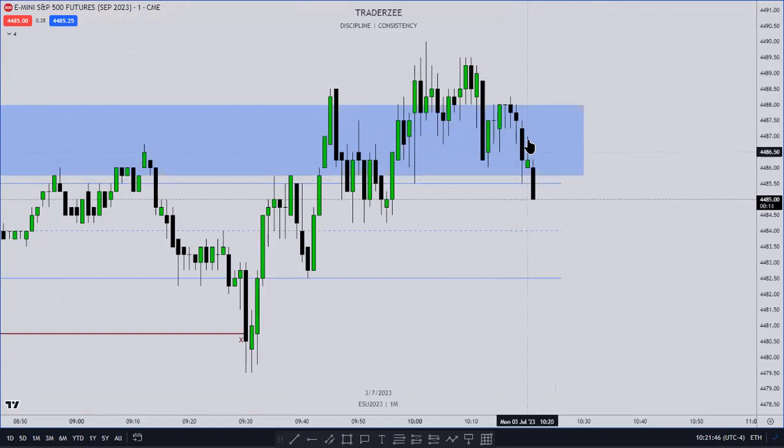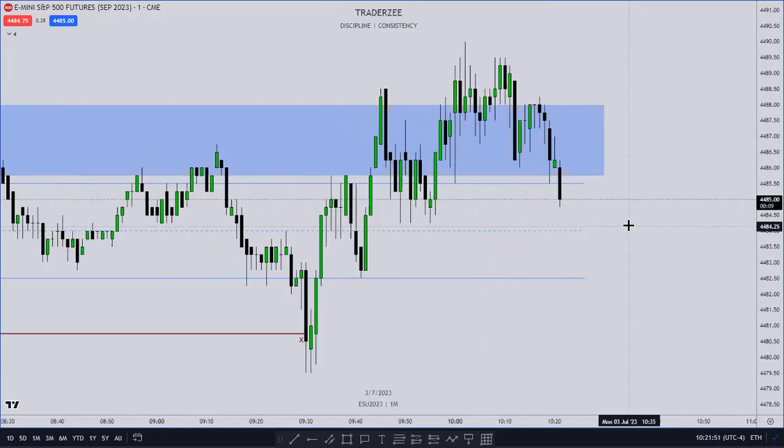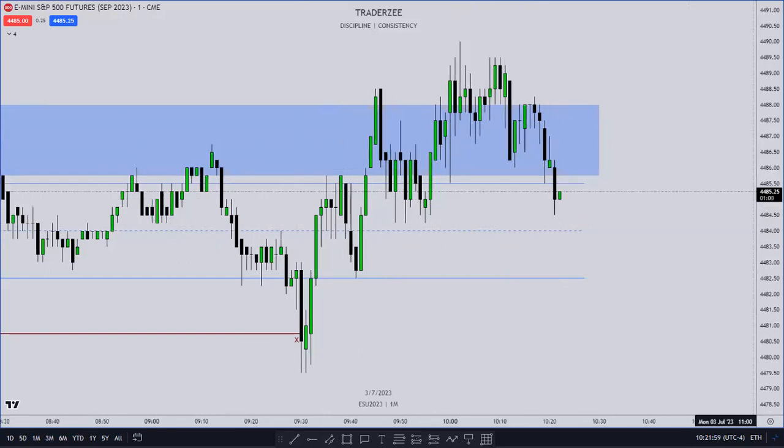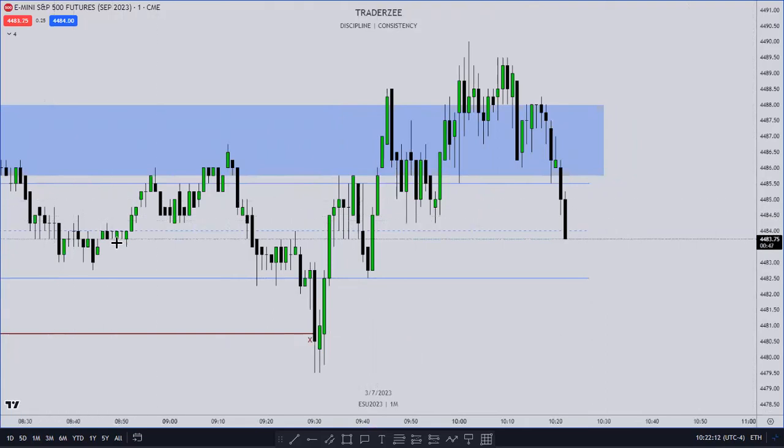Big candle, immediately rebalanced. Now my soft bias is that we can dip below. I like the fact about NQ. NQ may go for the new week opening gap. ES has already utilized this new week opening gap. It can go even below that, but NQ can go, and it's going.